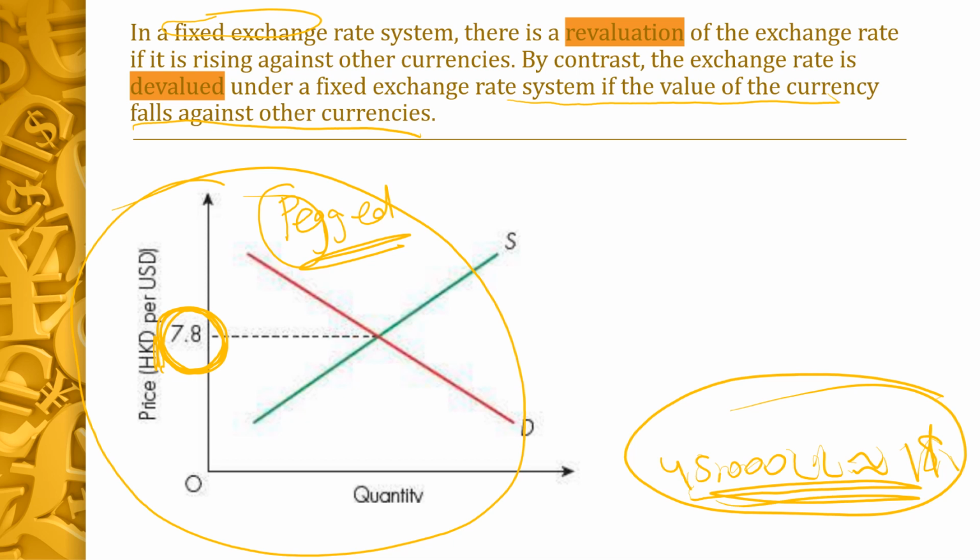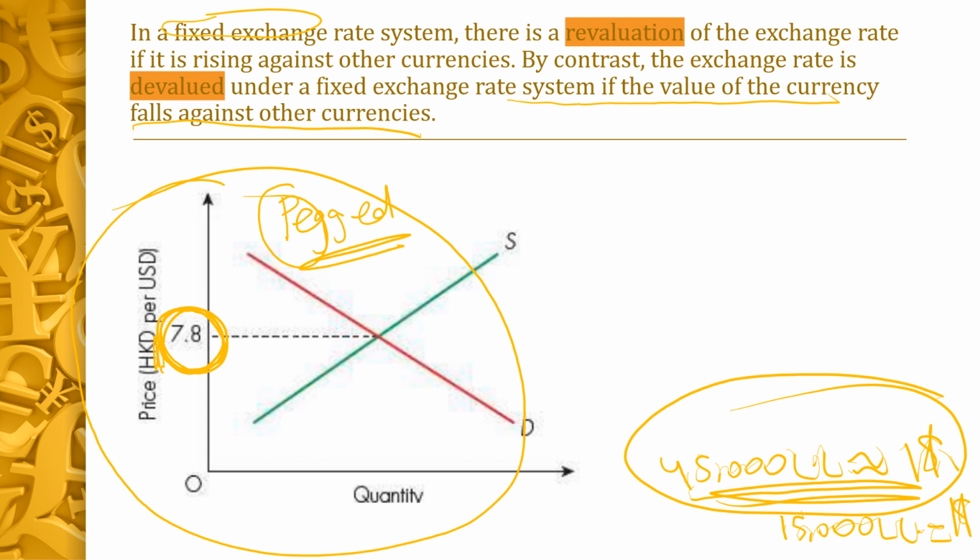So the government sometimes, even though it would still be high, will use a fixed exchange rate, where they will say every 15,000 Lebanese lira will be equivalent to $1. Under this system, why is the government interfering? It is because they want to maintain the exchange rate at a predetermined level.